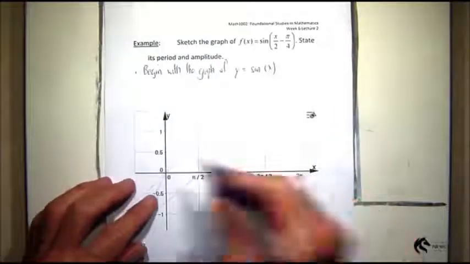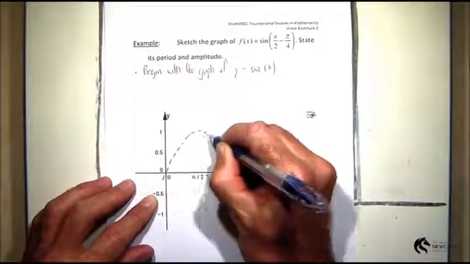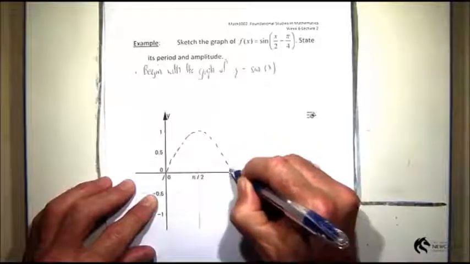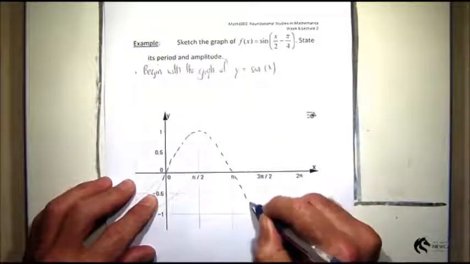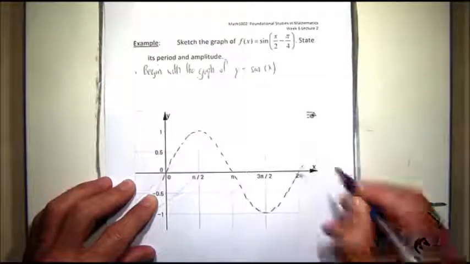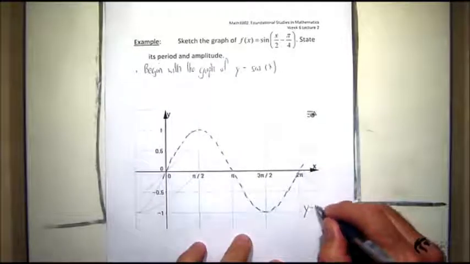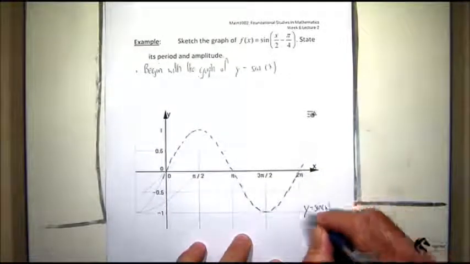And sitting in here is the sine graph. Given that all of these start off with your basic graphs, it's important to know your basic graphs. So this is y is equal to sine x.